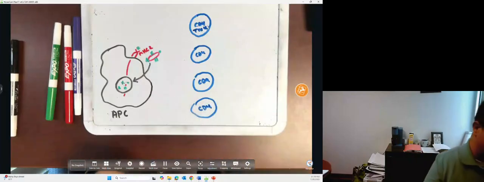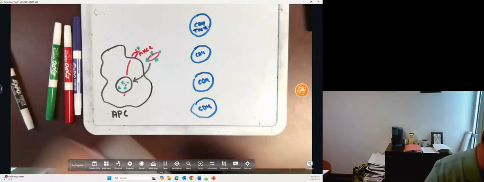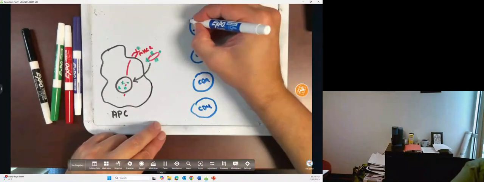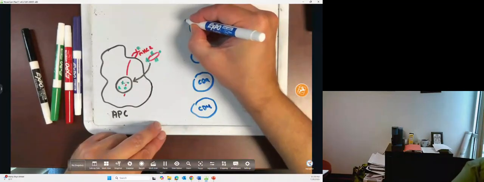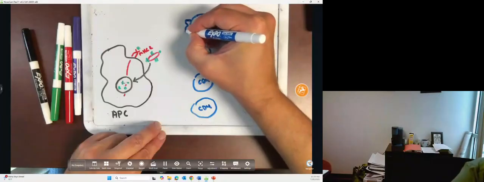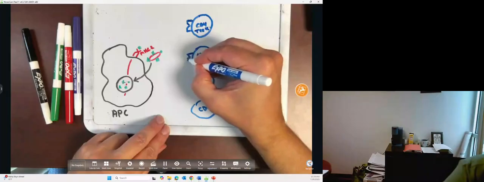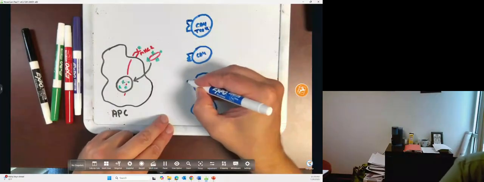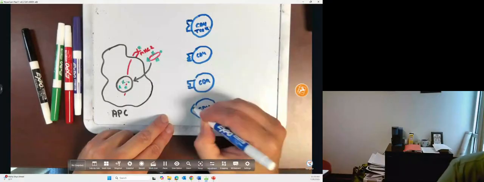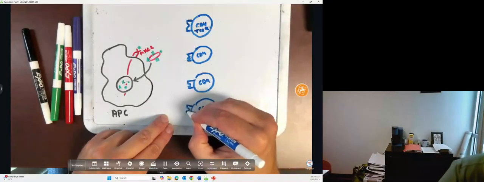Now what we're going to do is they need a T cell receptor. So this one here is triangle. This one here is X. This one here is square. And this one here is circle.